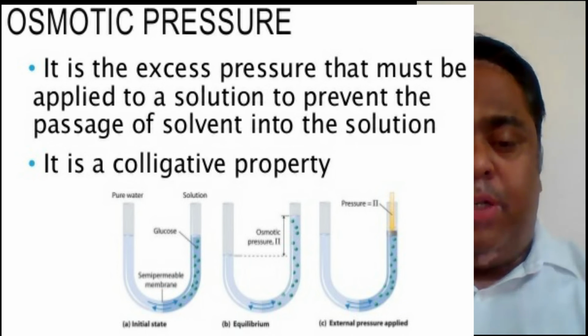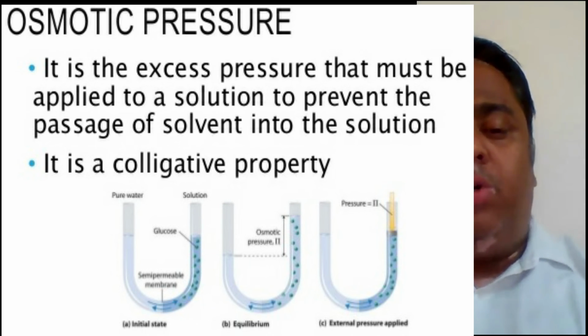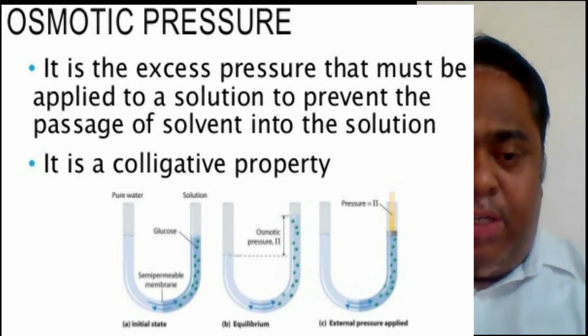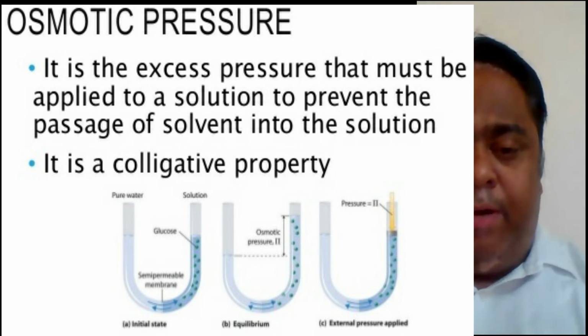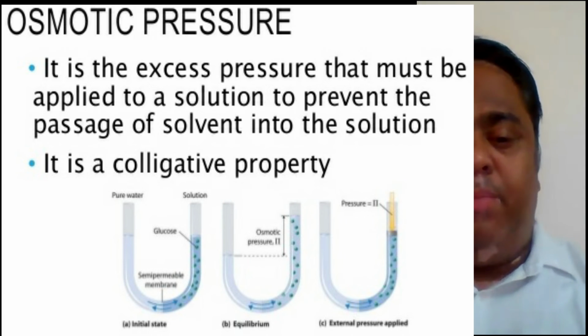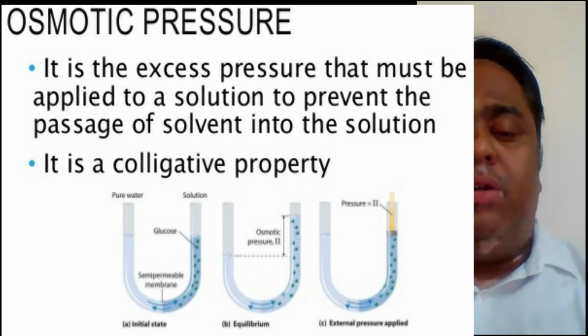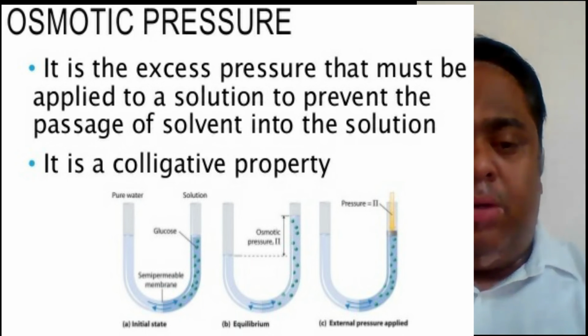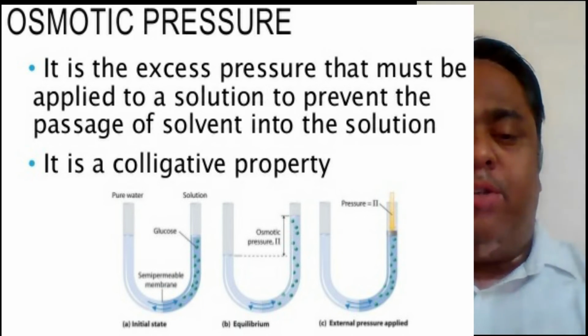Osmosis is the process in which two liquids or two solutions having different concentrations, when separated by a semi-permeable membrane, then the solvent molecules move from the zone of low concentration of solution to high concentration of the solution until the concentration of both the solutions becomes the same, or the osmotic pressure of both the solutions becomes the same, or both the solutions become isotonic in nature.